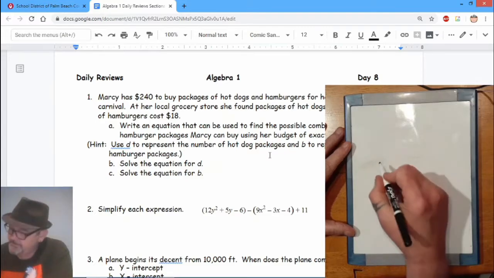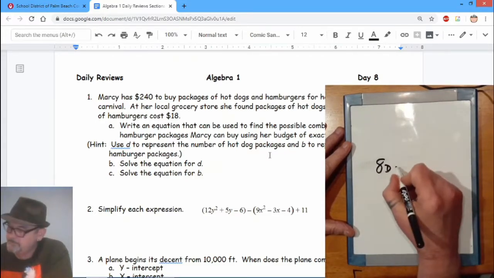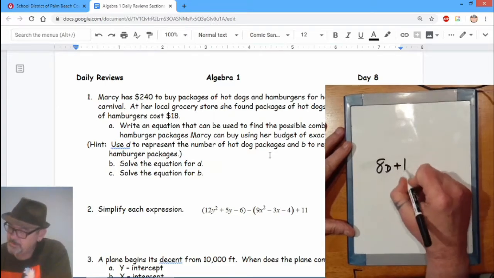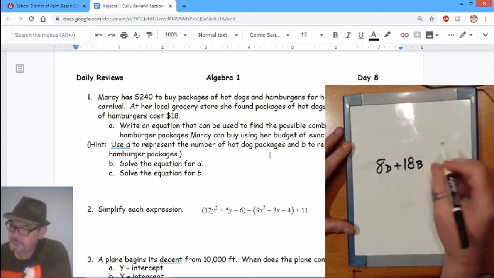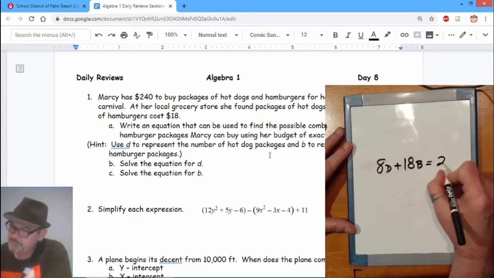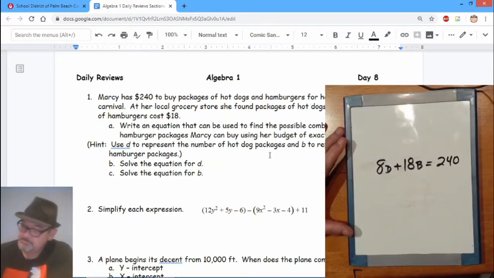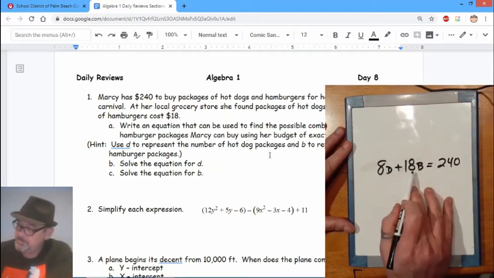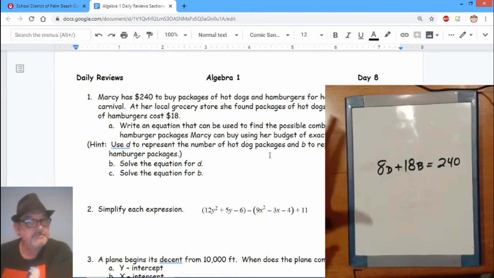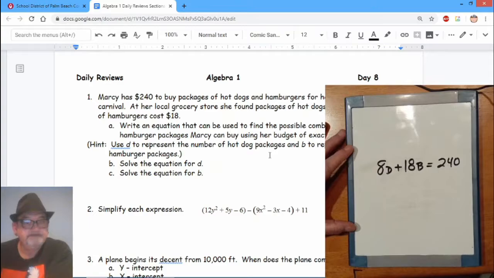So we have $8 for each pack of hot dogs, plus $18 for each pack of hamburgers, and she has $240. So that's basically how you would set up the equation. However many packages of hot dogs she buys, plus however many packages of hamburgers, add up to $240.